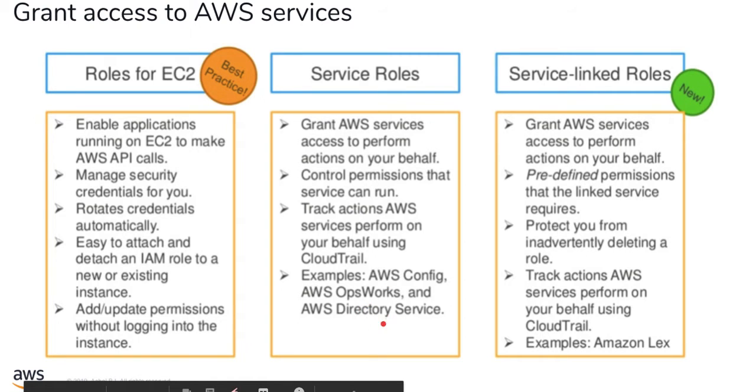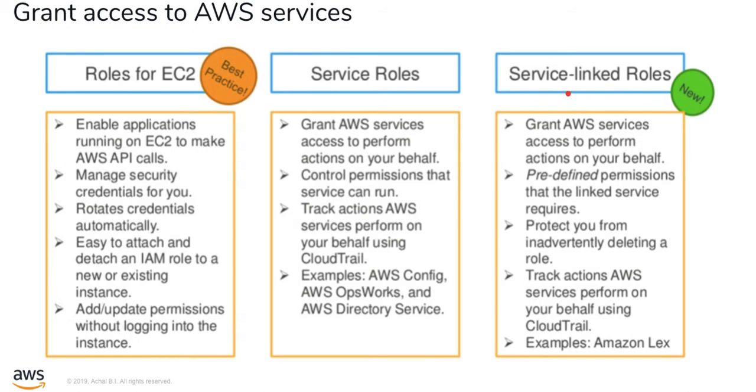If you want to take an example of OpsWorks, you could give a role to OpsWorks where it would generate different instances, different resources on behalf of you. So OpsWorks is one of the infrastructure as code functionality or a service provided by AWS.